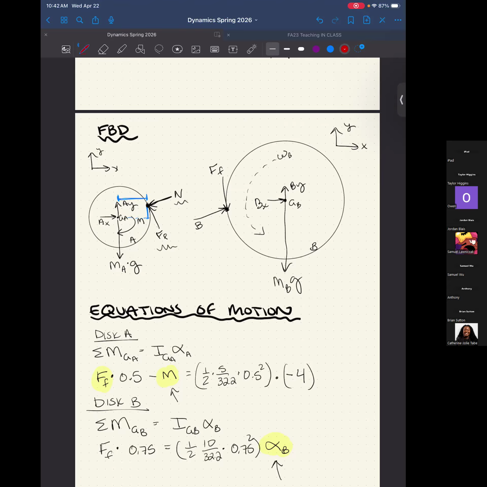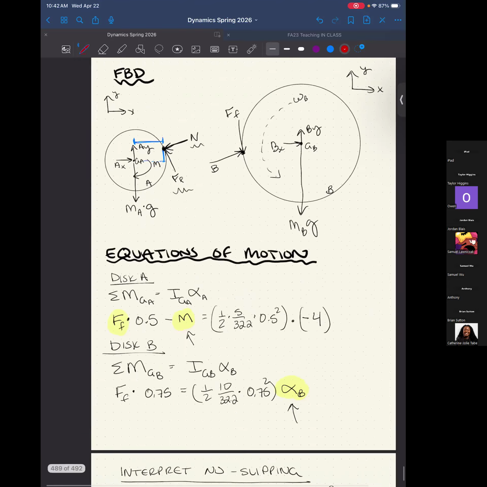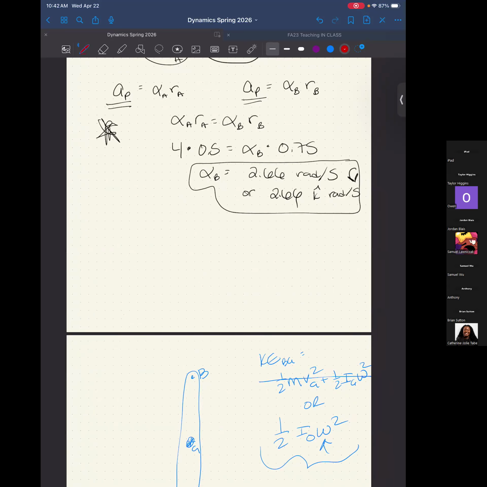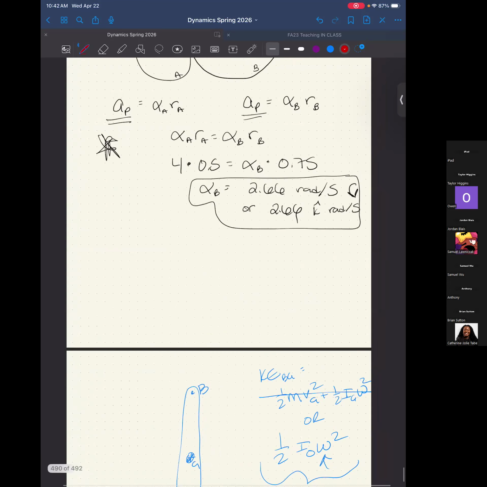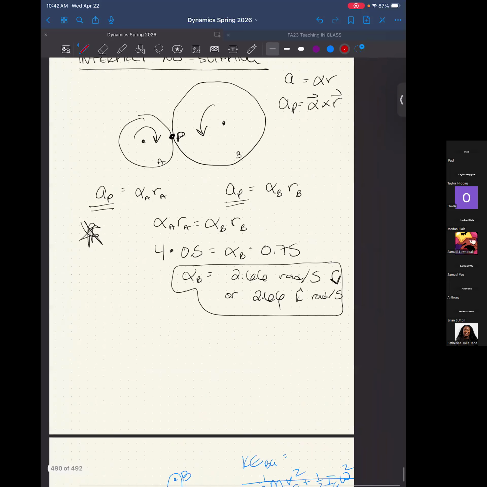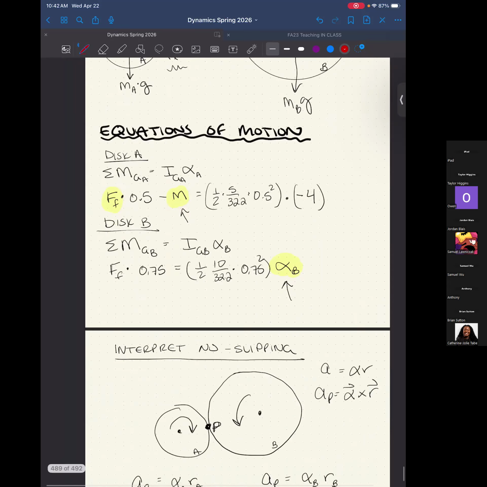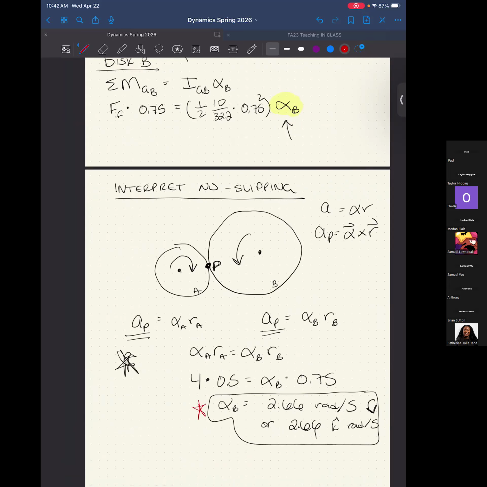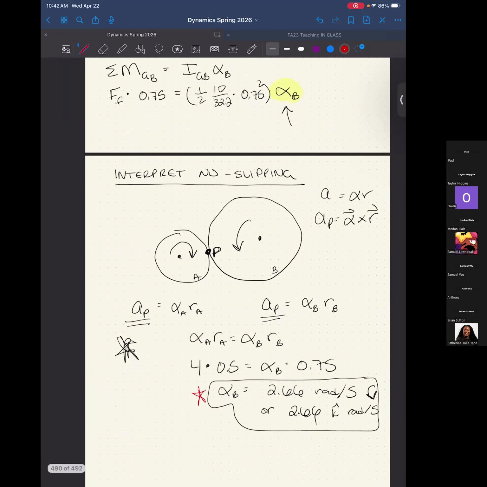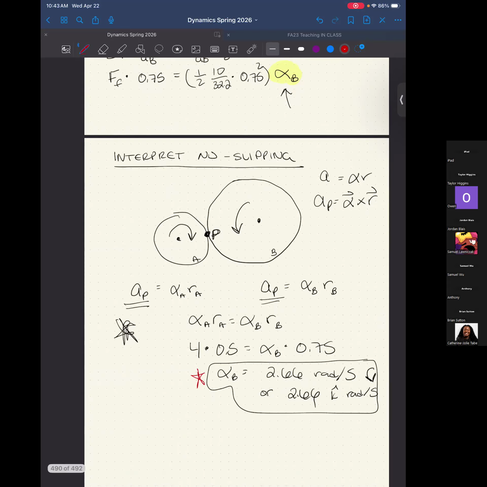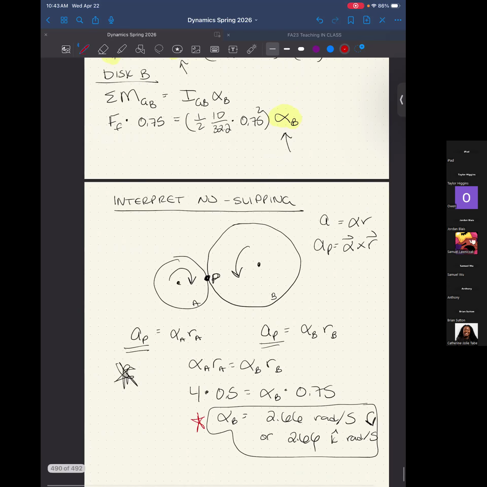I don't know how you did that. There might be a negative issue somewhere. Okay, so we solved here for alpha B equals 2.66, but really that needs to be, oh no, that's in the positive direction, sorry.